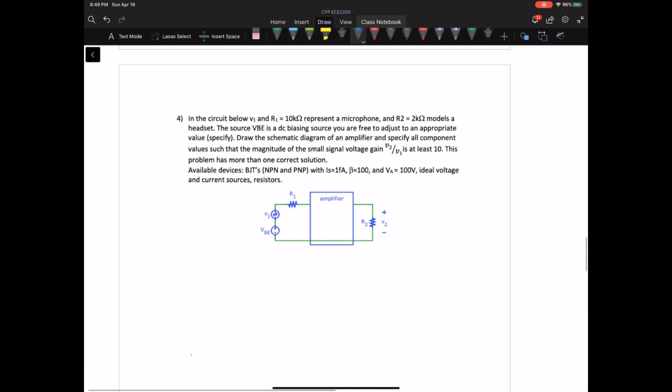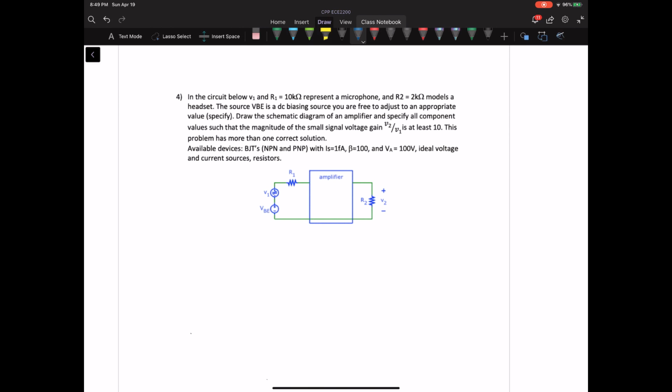And now we get to the big problem in the test. This is kind of like what you would normally get at work or when you're designing something. You are given certain transistors in the lab, or you went and bought them with certain specifications, and this circuit is supposed to do something.